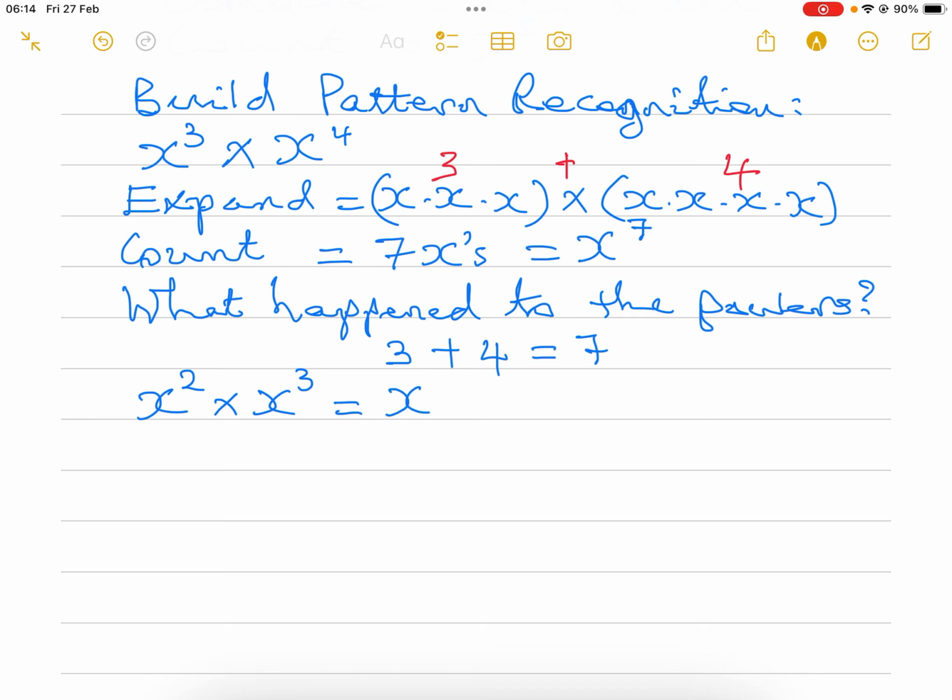So x raised to power 2 multiply x raised to power 3 will give us x raised to power 5, and x raised to power 3 multiply x raised to power 4 give us x raised to power 7.